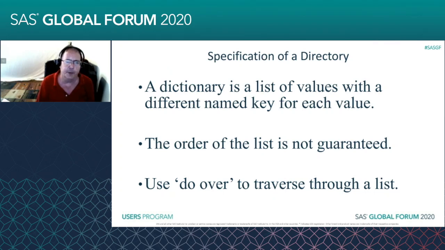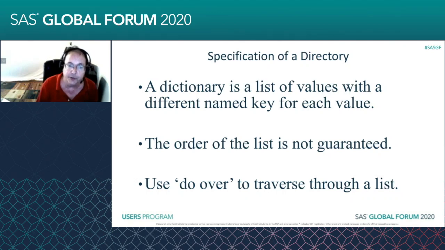Now, the dictionary is a little bit different in that they have a key. So every value in the dictionary is referenced by the key. The location in this list doesn't matter. Its location is not guaranteed. So we generally compact dictionaries.